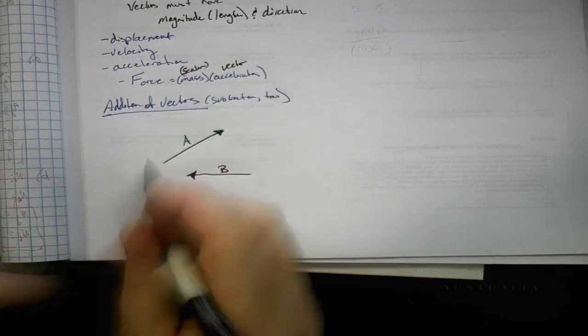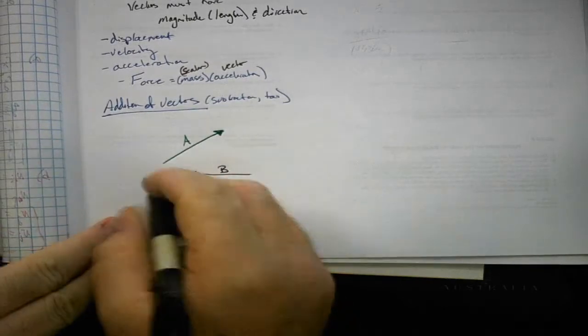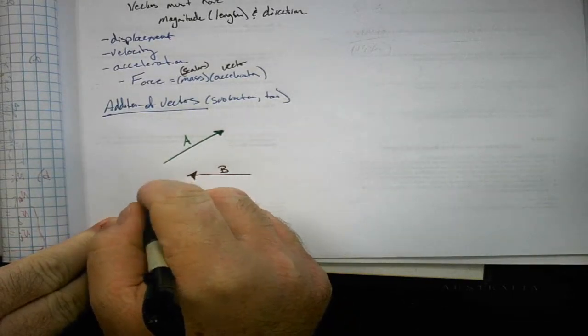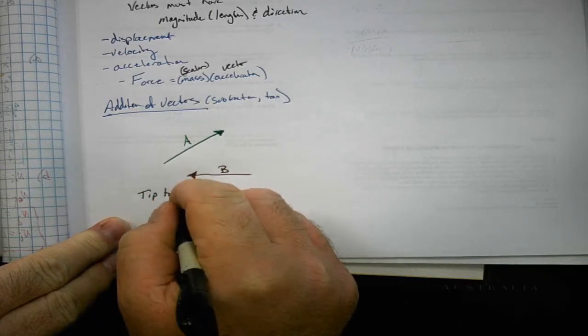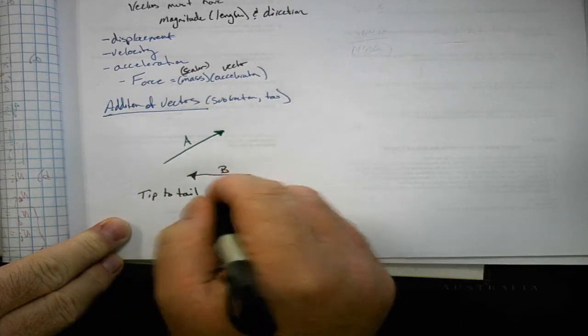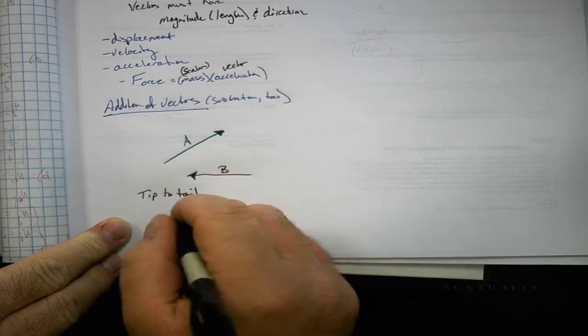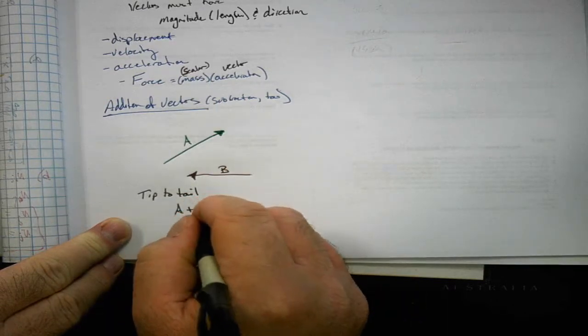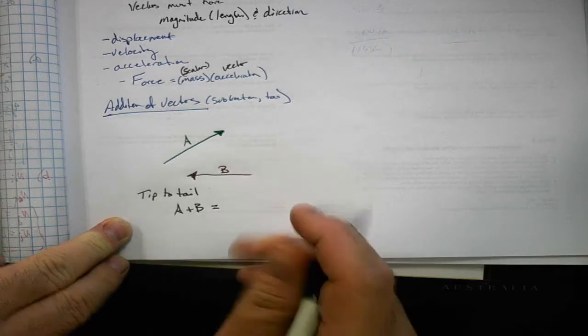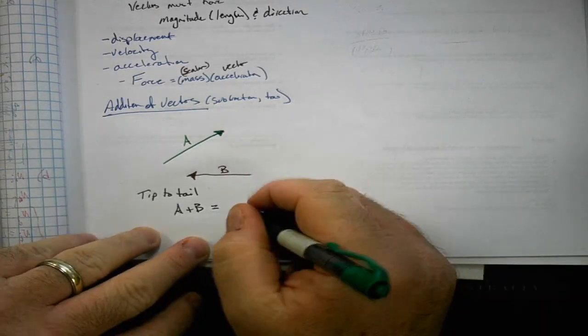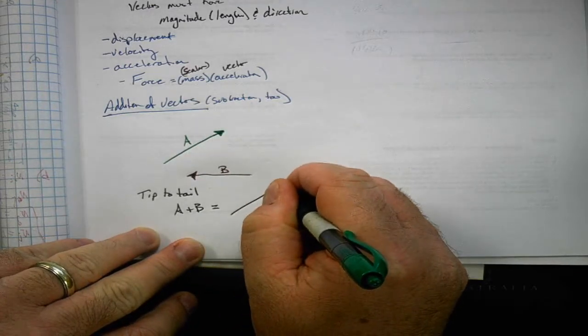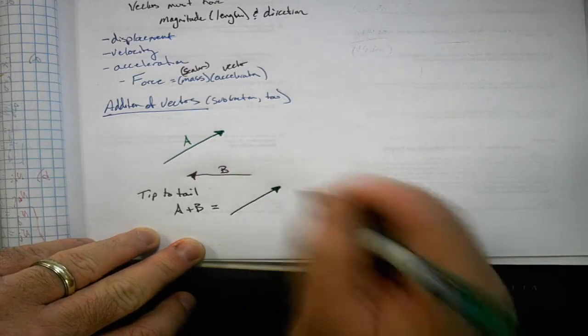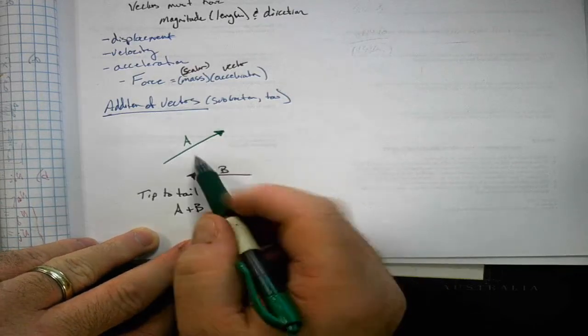Okay, when you add vectors together, you add them tip to tail. So, A plus B is going to equal the vector A. Mind you, I'm trying to imitate this vector as much as I can.